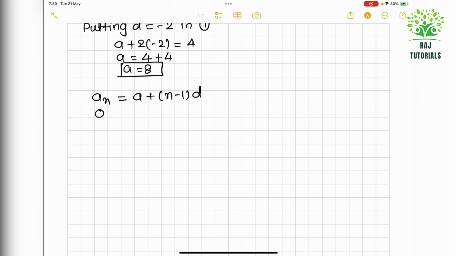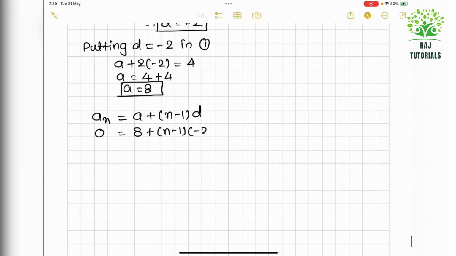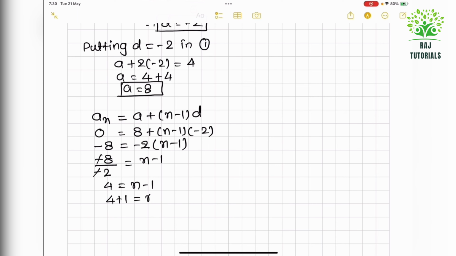So this is An is 0, A is 8 plus n I don't know, and D was minus 2. So minus 8 equal to minus 2 into n minus 1. So can I say minus 8 upon minus 2 equal to n minus 1? So 4 equal to n minus 1. So 4 plus 1 equal to n. So n is 5. So fifth term of the AP will be 0.